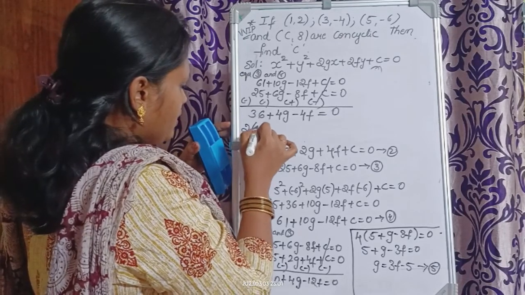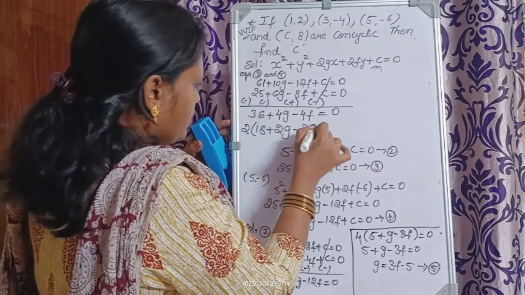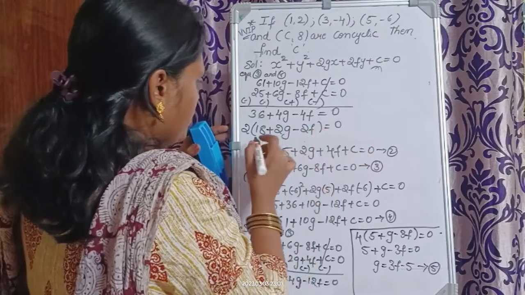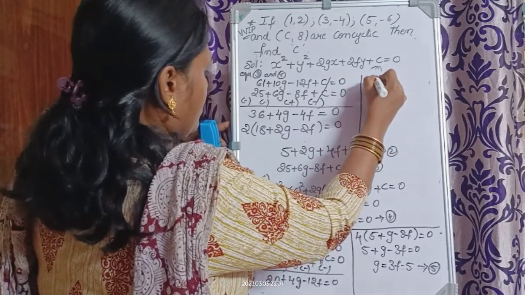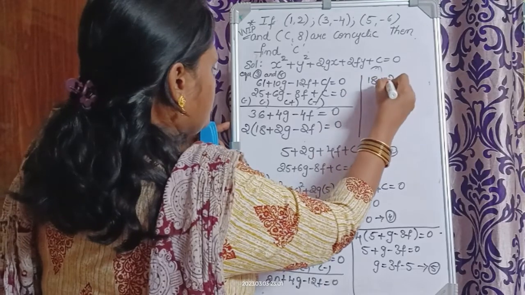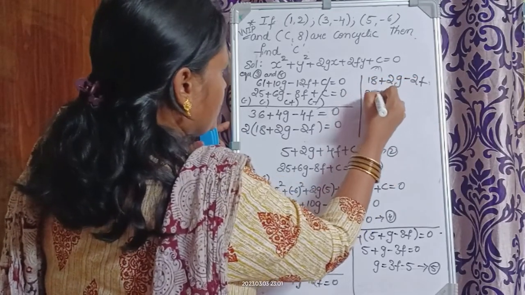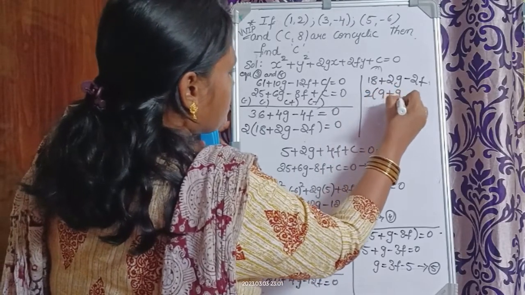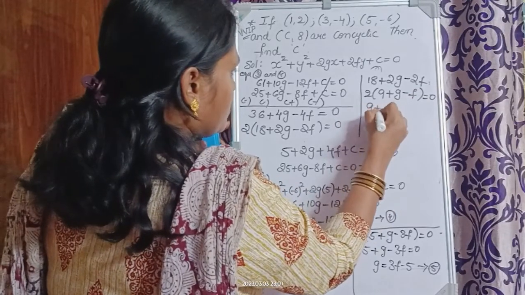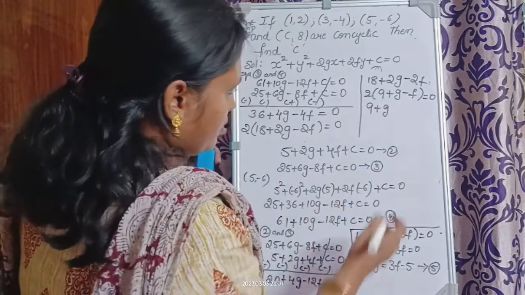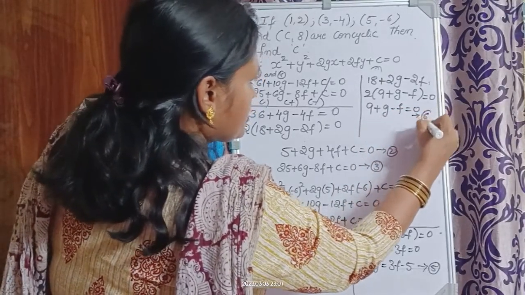If I take 2 common, it is 18 plus 2g minus 2f is equal to 0, or simply 18 plus 2g minus 2f. You can again take common factor: 9 plus g minus f is equal to 0. I call this equation 6.